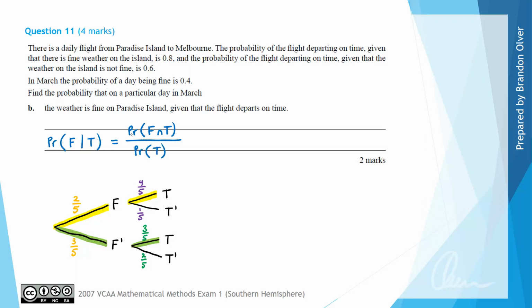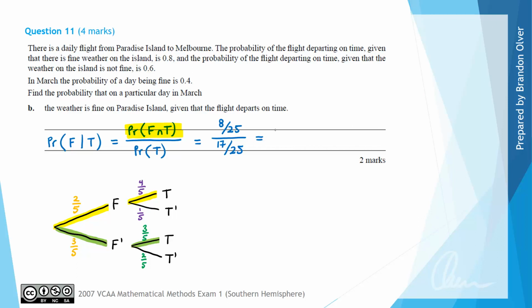The intersection of the probability that it's fine intersecting that it was on time is the branch in yellow. And then on the bottom, that's actually our answer from part A. So this is going to equal 2 over 5 times 4 over 5, which is 8 over 25, divided by our answer from part A, which was 17 over 25, if you remember. That was the probability that the plane departed on time.